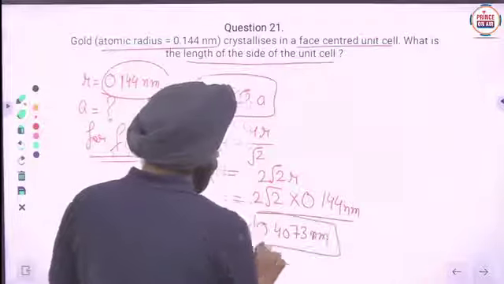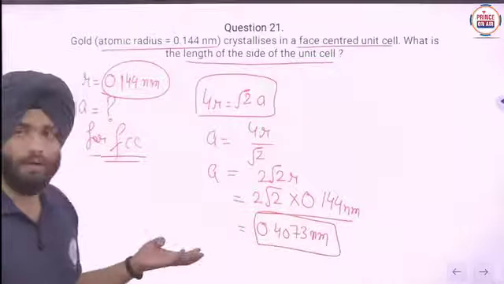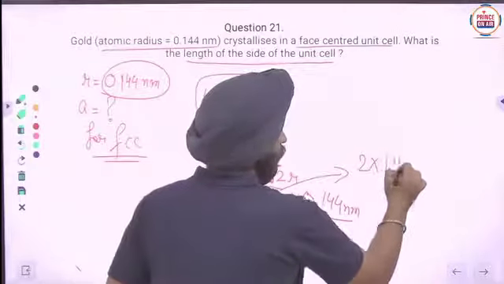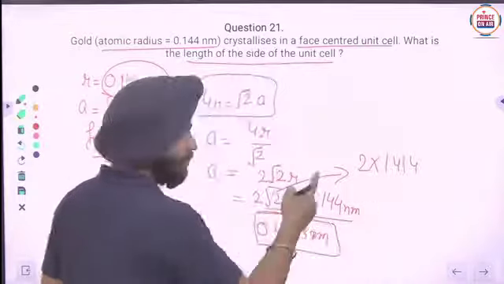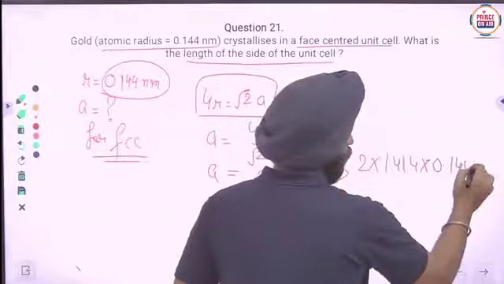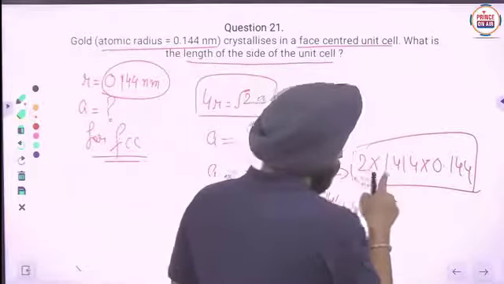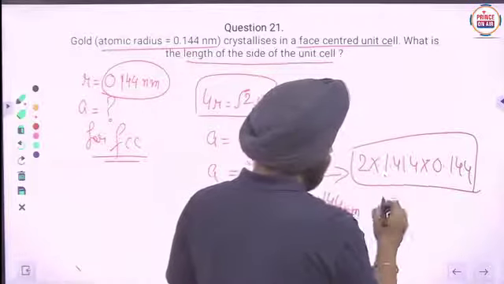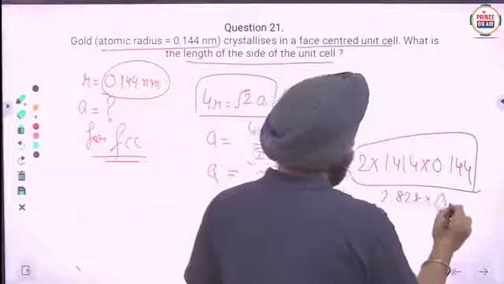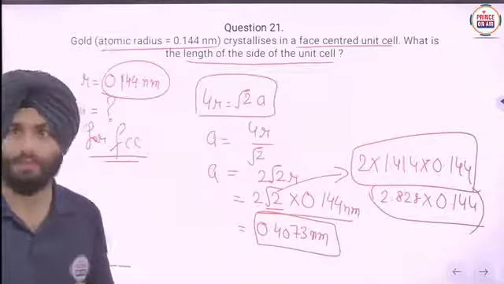You can check the calculation, whether it is right or wrong. Here, 2 into 1.414, the value of root 2, into 0.144. Just multiply these values, and it comes out to 2.828 into 0.144. You can do that calculation.